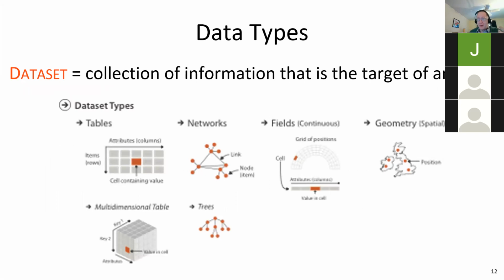But here is a visual representation of it. If I have a table, I can have a multidimensional table. This is, by the way, data sets. If I take my data and take a step back and look at the data, it describes a data set. It's a collection of information that is the target of my analysis. So it could be a table, with a bunch of attributes, and each row, like a database, is an entry, a person, let's say.